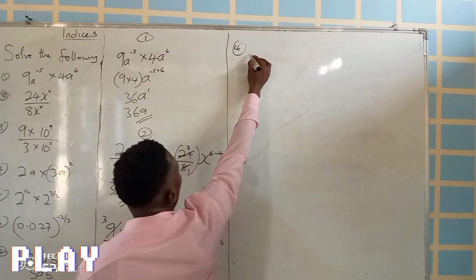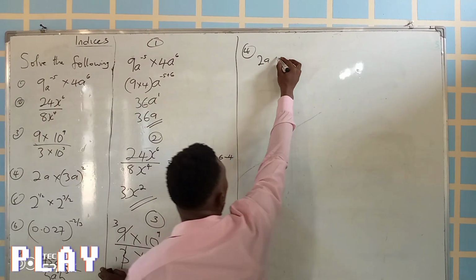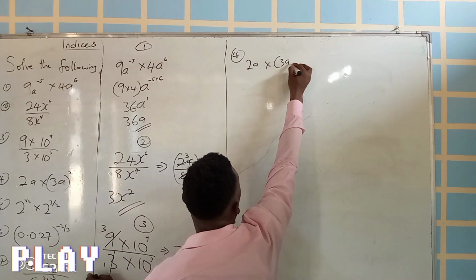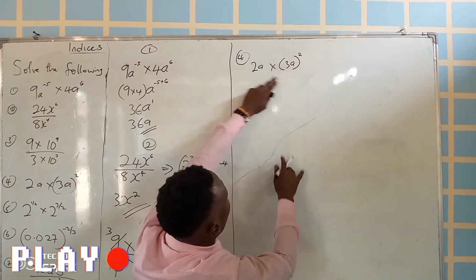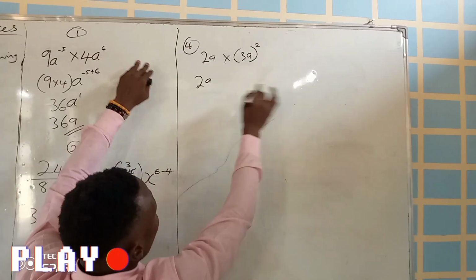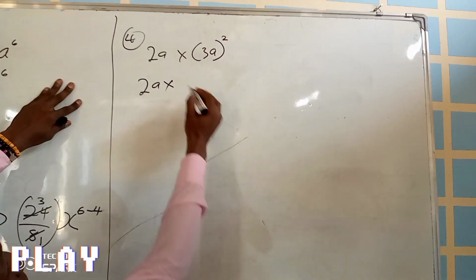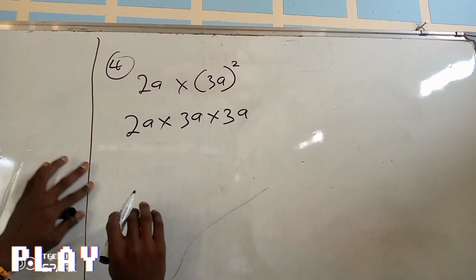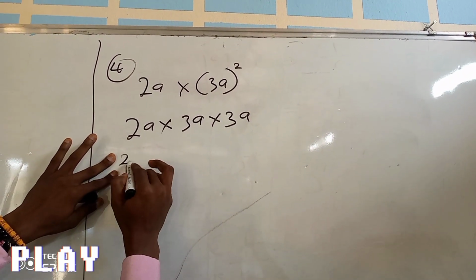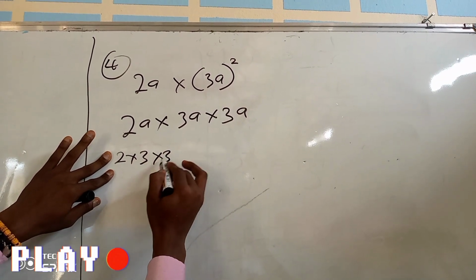Solution 4. We have 2a times open bracket 3a squared close bracket. Now since we have a bracket, what we do is to open the bracket. 3a squared means 3a times 3a, right? So we now do 2 times 3 times 3.